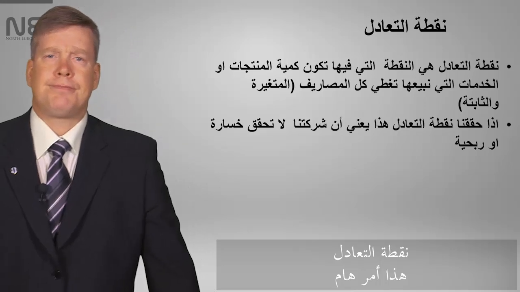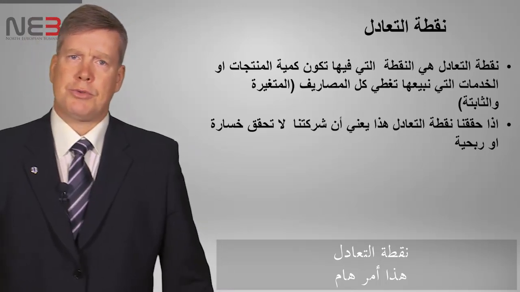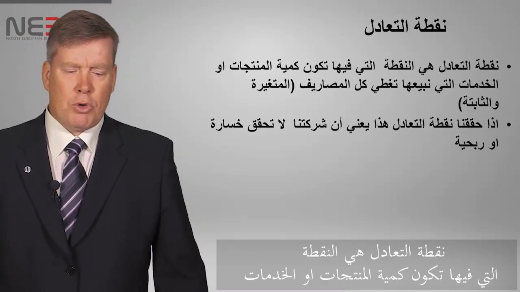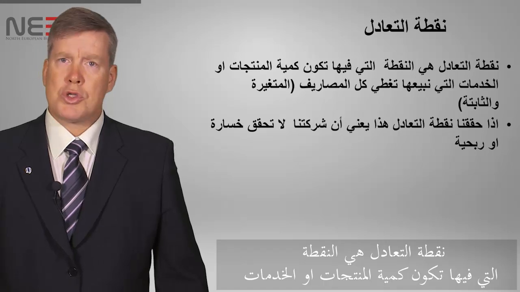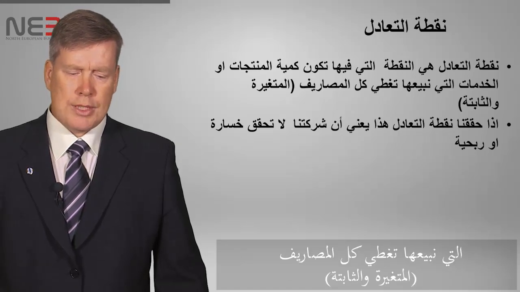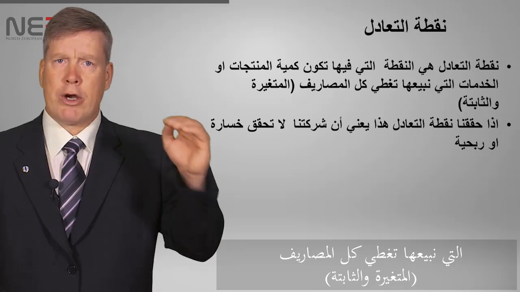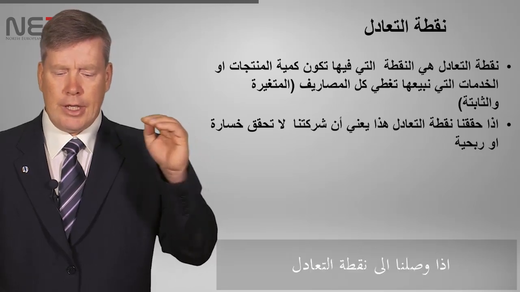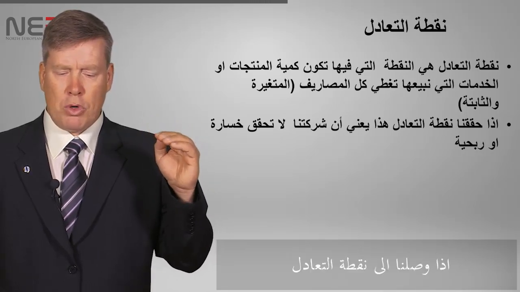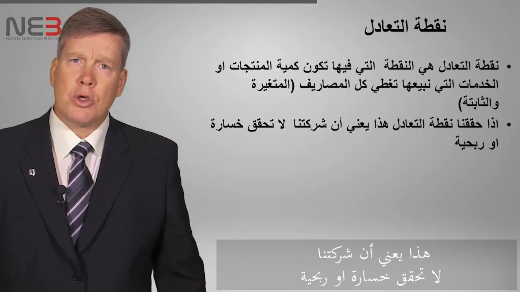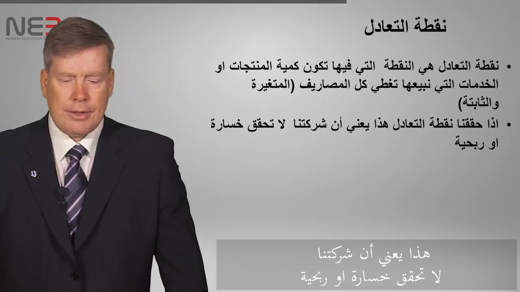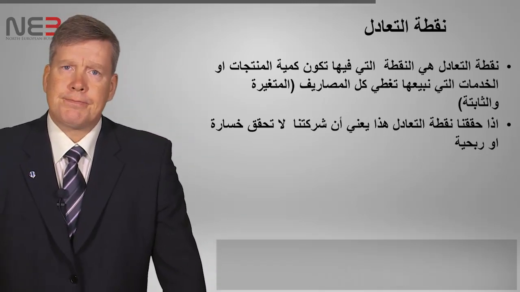Break-even point. This is a very important issue. Break-even point is the amount of products or services we produce and sell that just covers all the costs, fixed and variable. If we operate at break-even point, our company does not make a loss but neither has any profit.